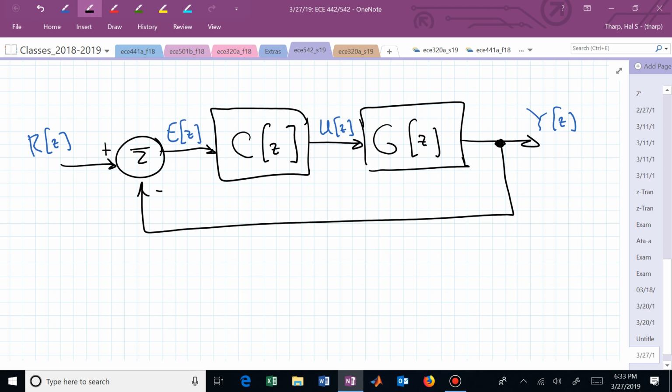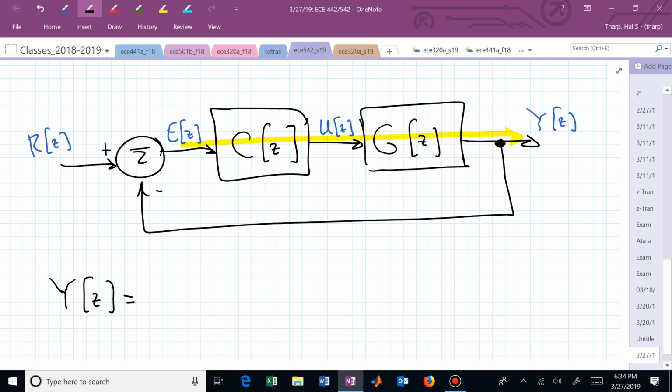What's Y of z in terms of this block diagram representation? If you remember, you're already done from a previous semester. But suppose we don't. Let's write Y in terms of the error signal E. So now we're saying we need to figure out what Y is in that particular highlighted path.